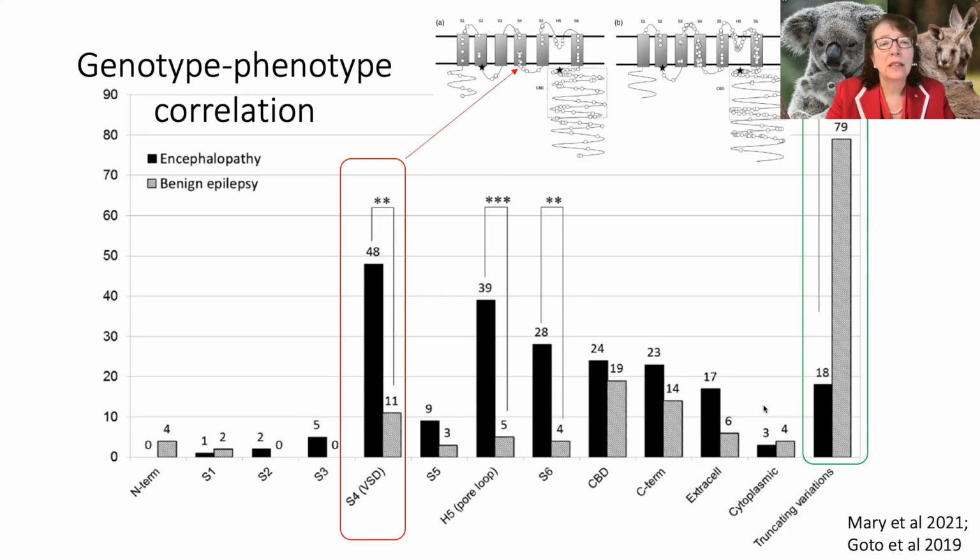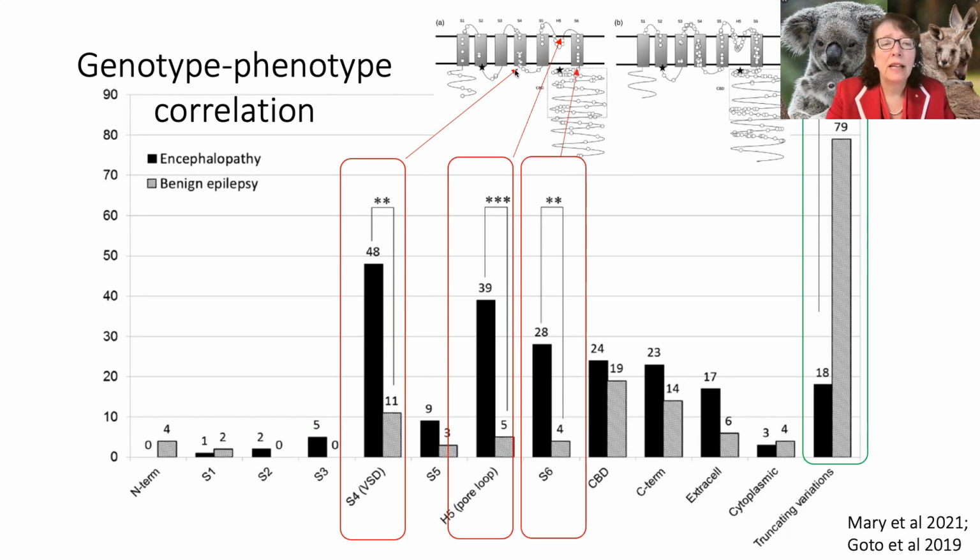But as well as that, we have the much more significant missense mutations associated with the encephalopathy here in the fourth segment of the protein, in the linker between the fourth and fifth segment, and also in the sixth segment of the protein. So we know there are regions where if there are mutations or pathogenic variants found, you are more likely to have a severe outcome than a mild self-limited outcome.